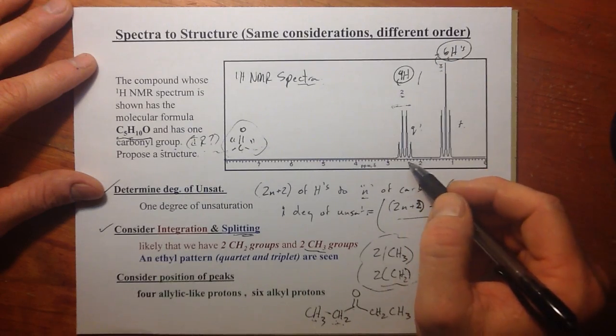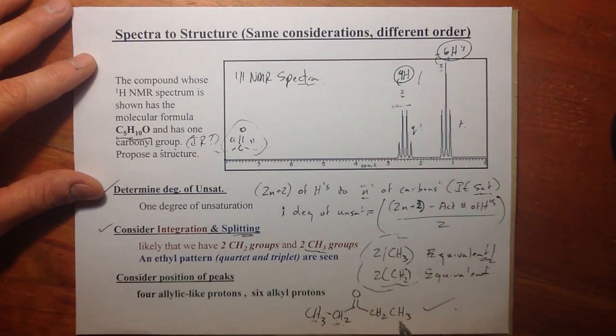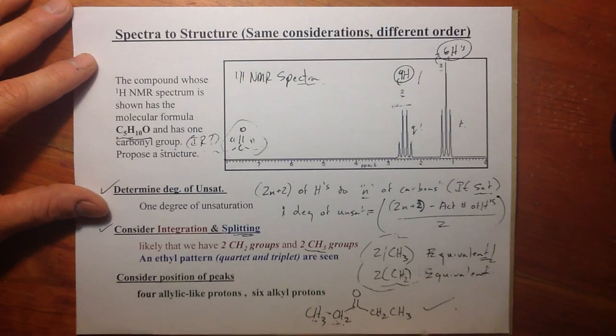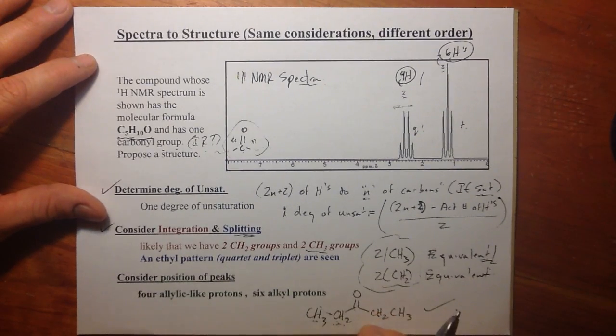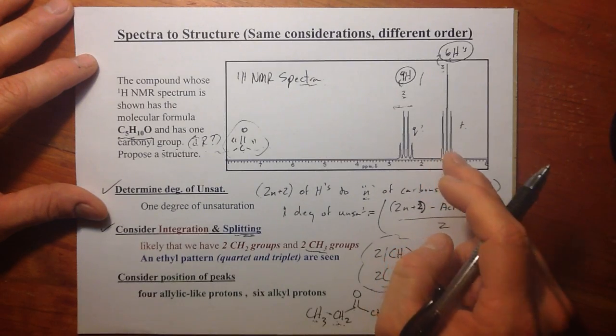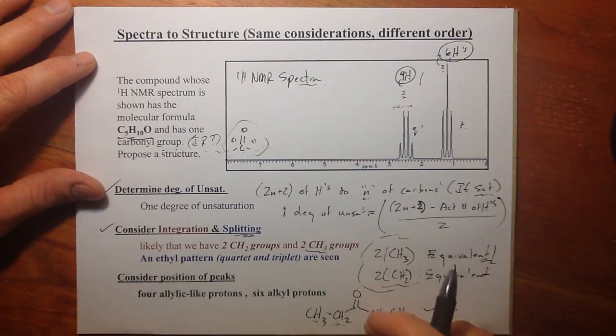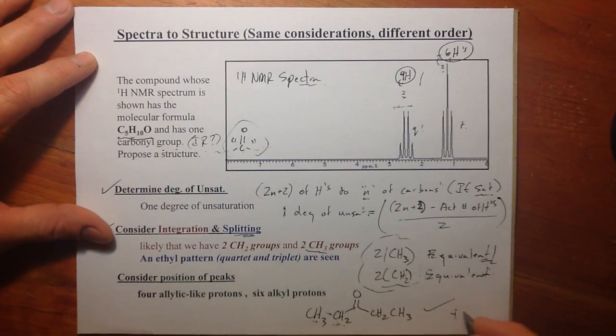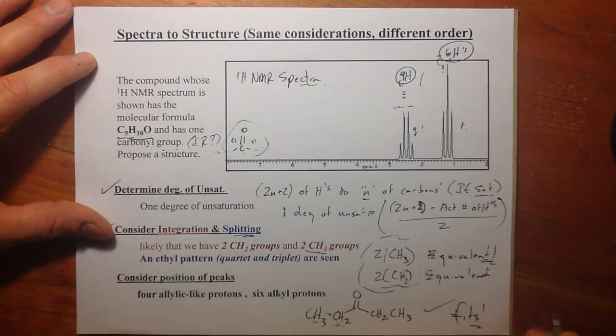So this makes sense, and having the methyl groups in the 0.5 to 1.5 range on the ends also makes sense. So it's not certain to be the structure that matches this spectra, but the spectra does not invalidate this structure. This structure fits the data.